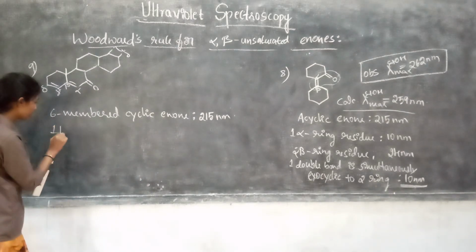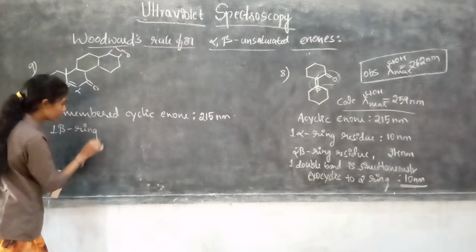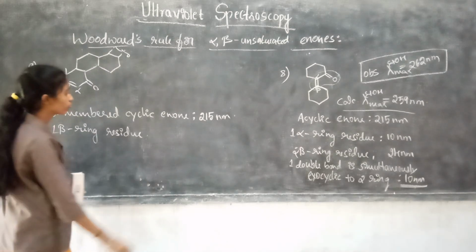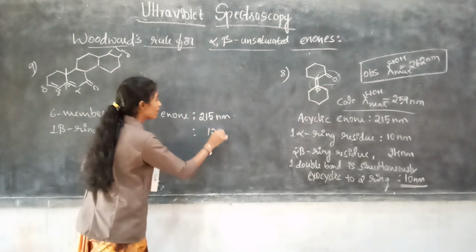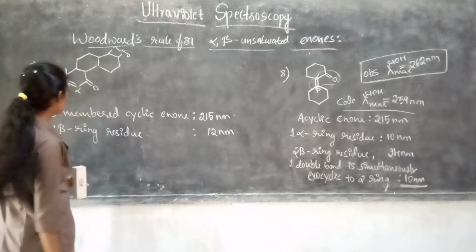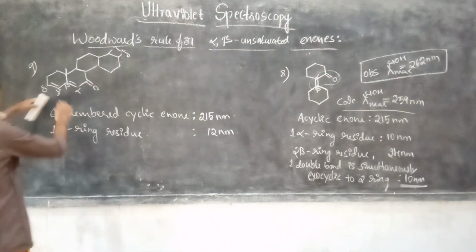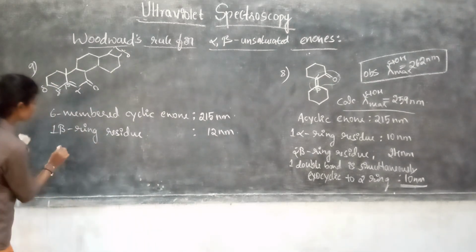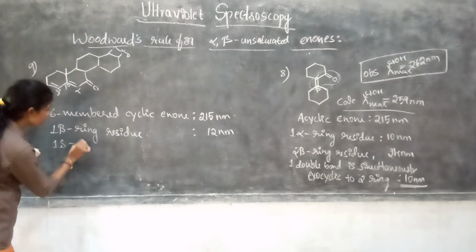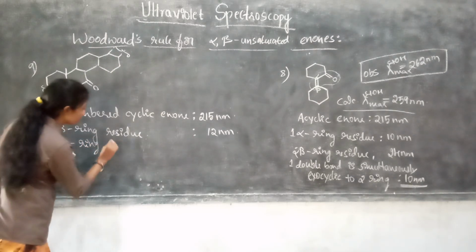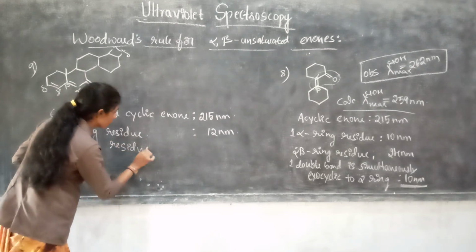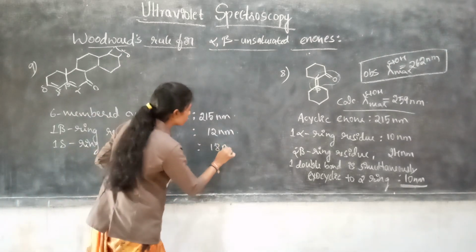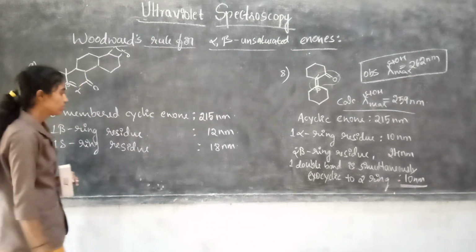If any ring residue is present at the beta position, there will be an addition of 12 nanometer, whereas at the delta position we have one ring residue, and there will be an addition of 18 nanometer.